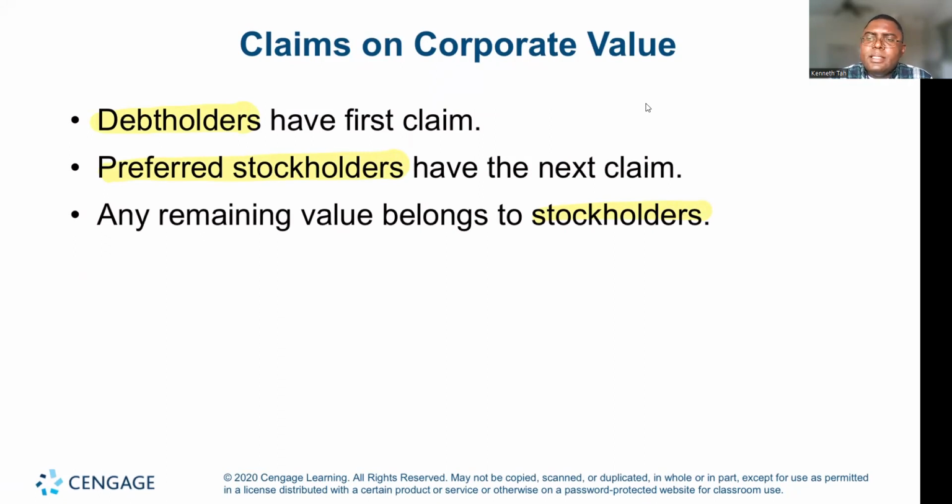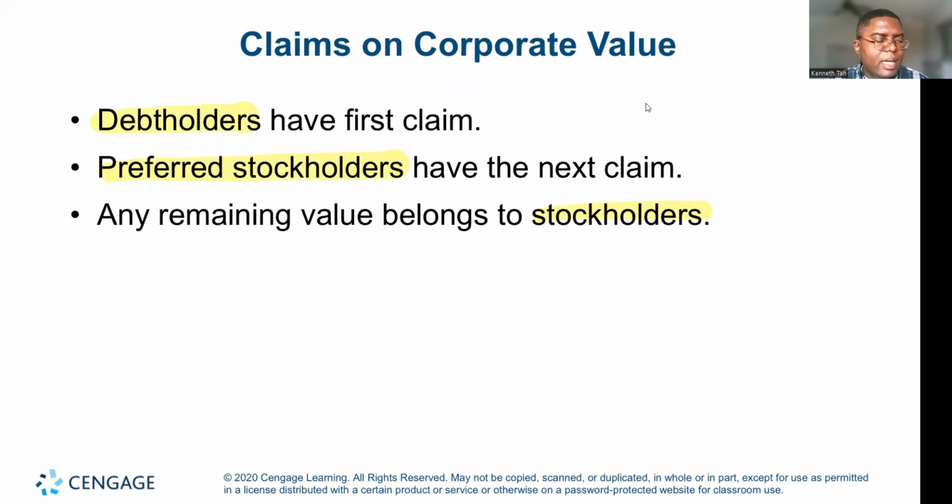Debt holders are people that issue debt to a corporation. In case the corporation was winding down, these are the first people that get paid, followed by preferred stockholders. Common stockholders have what we call residual claim.